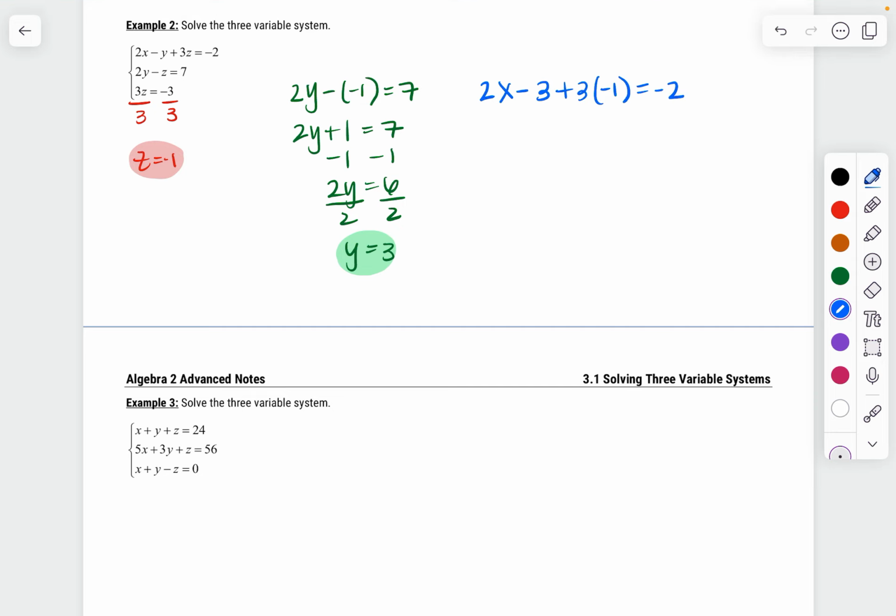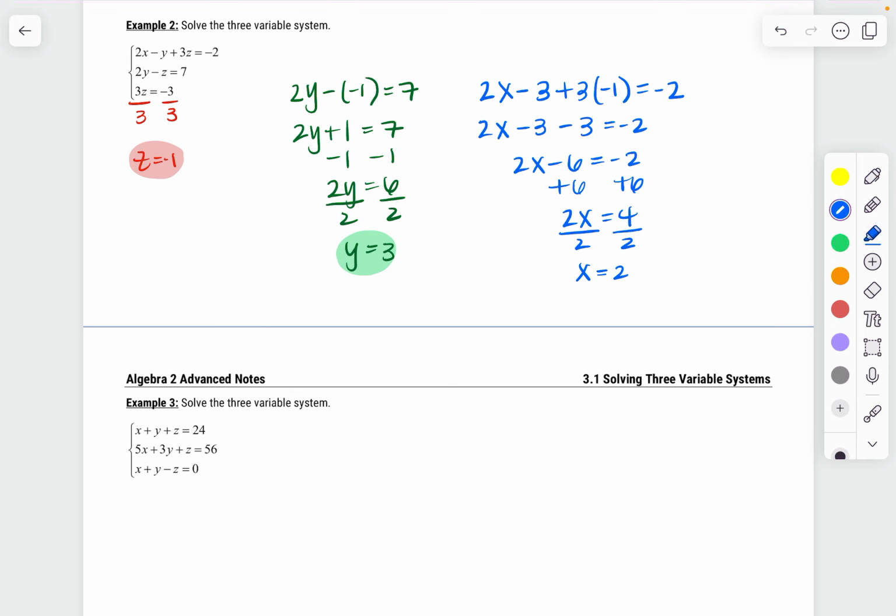So now that I have this, let's do a little bit of simplifying. 2x minus 3 equals -2. 2x minus 6 is equal to -2. Now I can go in and add 6 to both sides. 2x is equal to 4. Divide by 2, divide by 2, x is equal to 2.